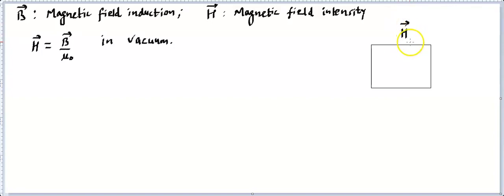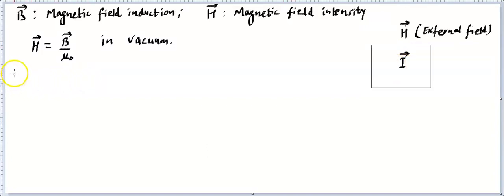Because of this applied external field, this will create magnetization I. How is this magnetization coming? We have seen that there are dipole moments, and those dipole moments will be non-zero, so that will be magnetization. So this is the externally applied field in terms of field intensity, and this is the magnetization. So what will the net magnetic field be?